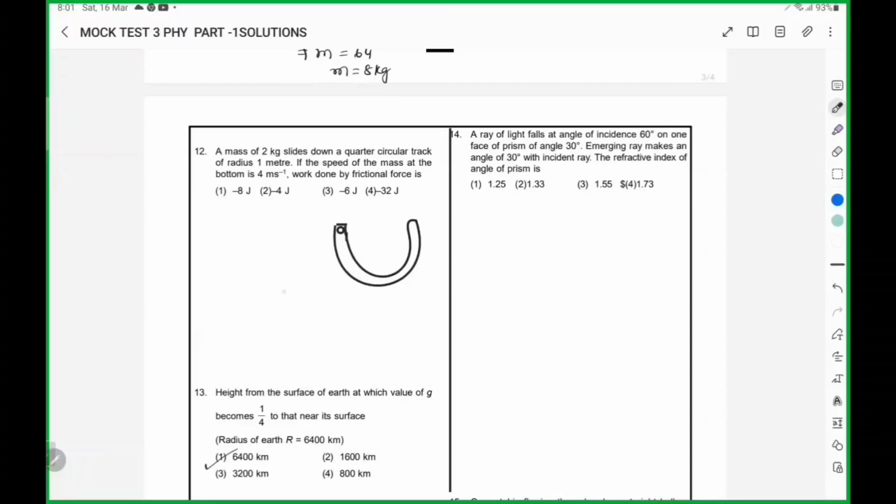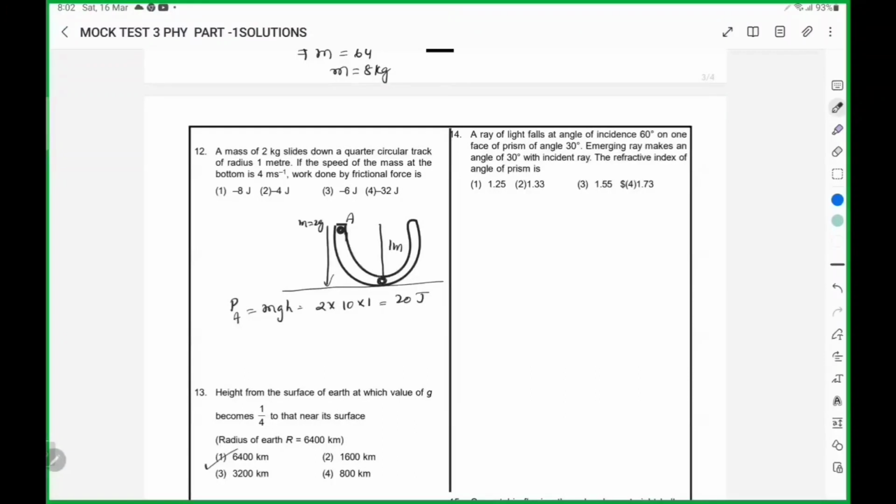If you take this as a reference line, when the mass of 2 kg is here, with the circular track radius given as 1 meter, the energy at A is only potential energy, 2 into g into h, that is 20 joules.